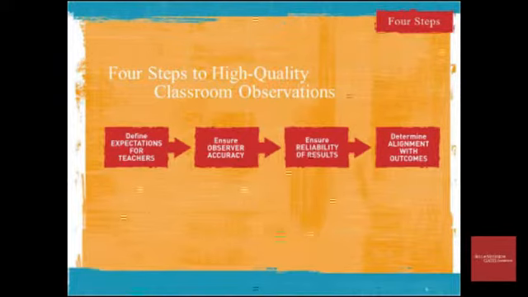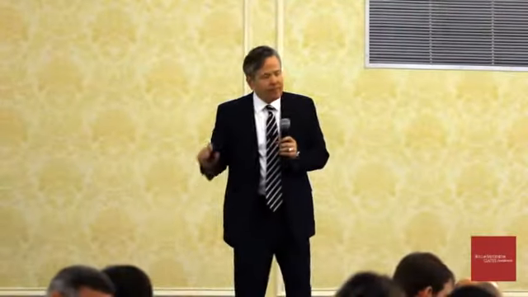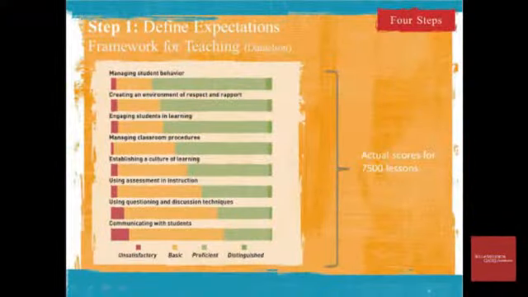All right, so the first step is just defining clear expectations for teachers. Here's the distribution of actual scores across these 7,500 lessons on one of the instruments, the Danielson Framework for Teaching.